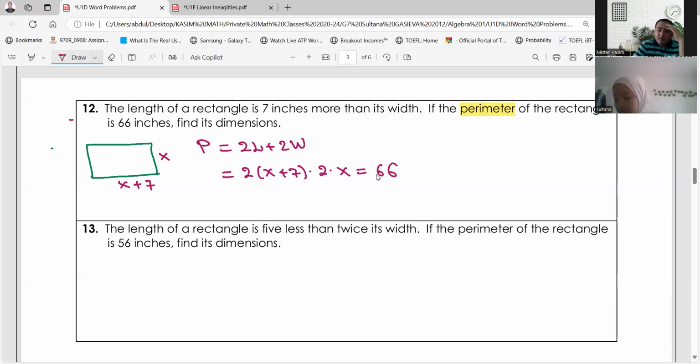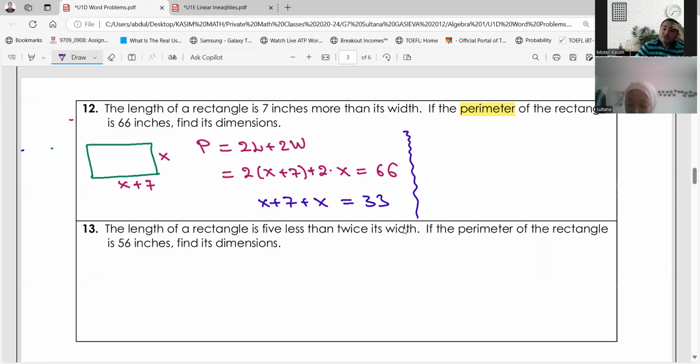Now you see everything is multiplied by 2. Let me divide both sides by 2. I have x plus 7 plus x, and 66 divided by 2 is 33.